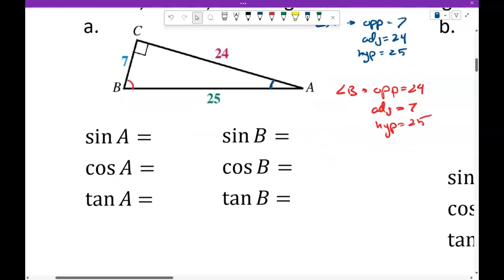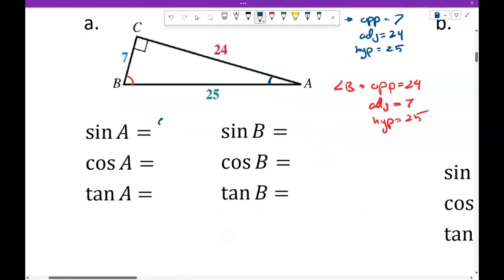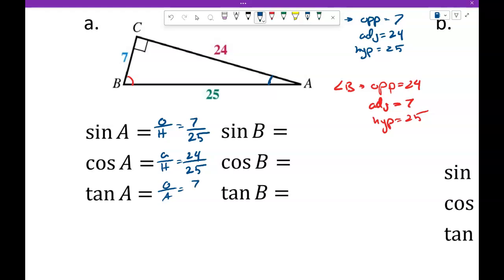So we can find sine of A. Sine of A is our opposite side over our hypotenuse, 7 over 25. Cosine is our adjacent over hypotenuse, 24 over 25. And tangent is the opposite over the adjacent, giving us 7 over 24.